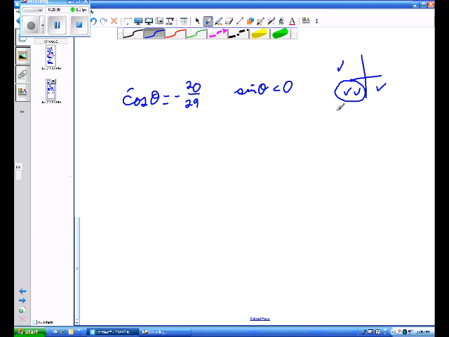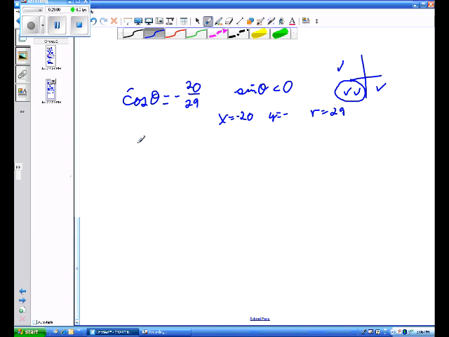Now, we need to go about and find our y. We know the cosine is x over r, so x is negative 20 and r is 29. Since we're in the third quadrant, x is negative, and we know our y is going to be negative too.